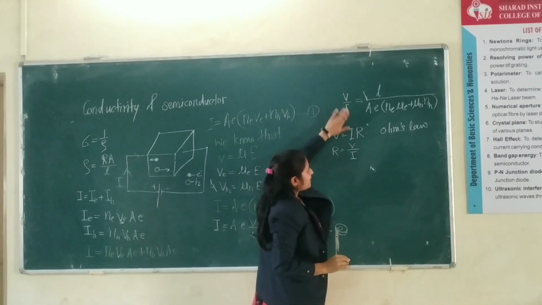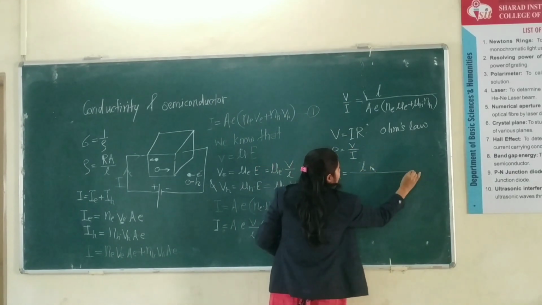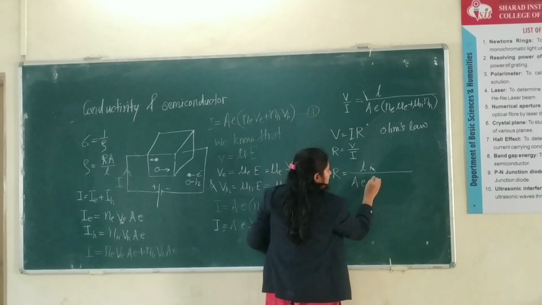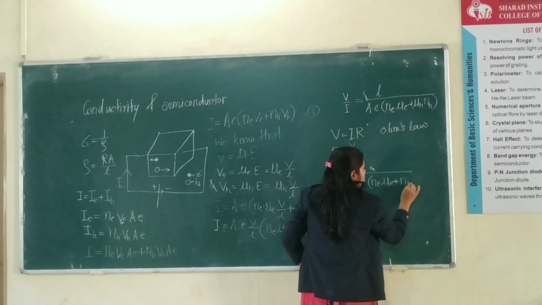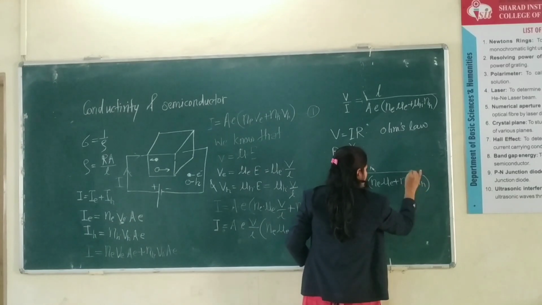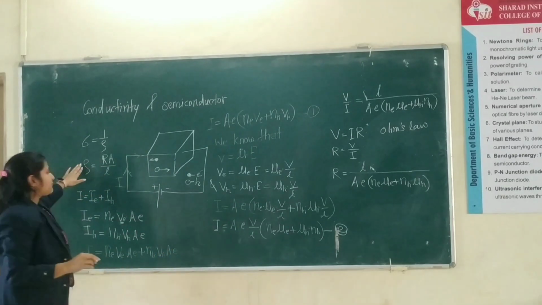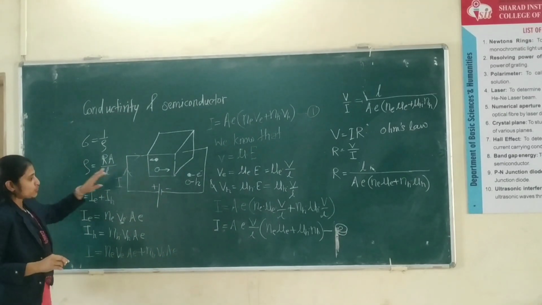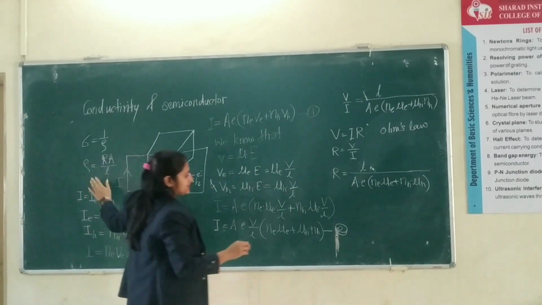So putting this value in this equation, we get R is equal to L divided by A into E in bracket Ne mu E plus NH mu H. Okay. So here is the formula for resistivity. So putting the value of R in this equation, we get resistivity.